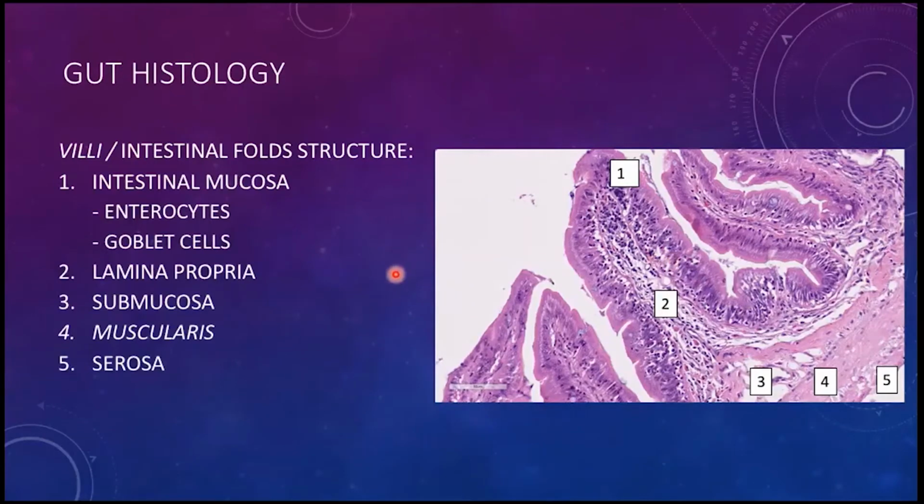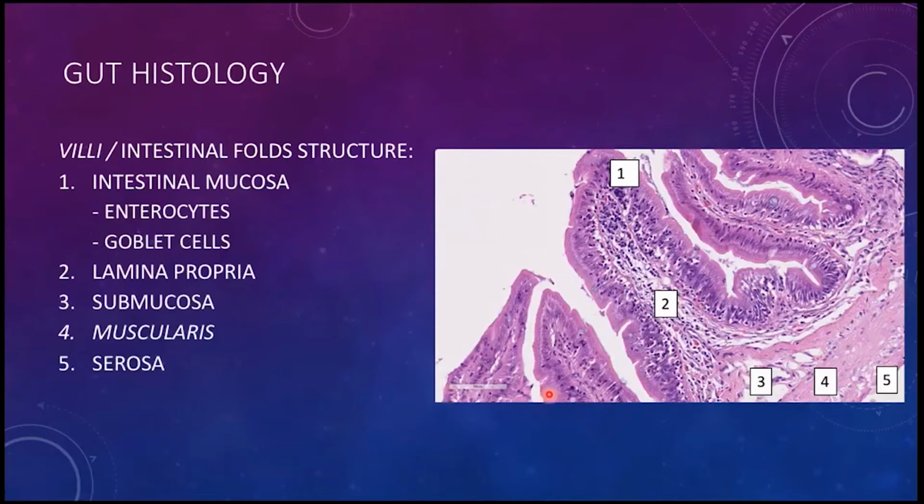So let me explain, or let's remember, what is the histological structure of the gut, or how an intestine looks under an optical microscope. It would look like this. This is a part of a bigger circular section of an intestine.